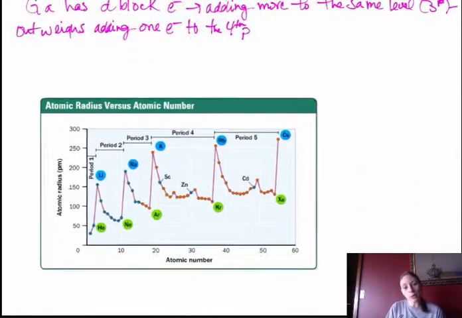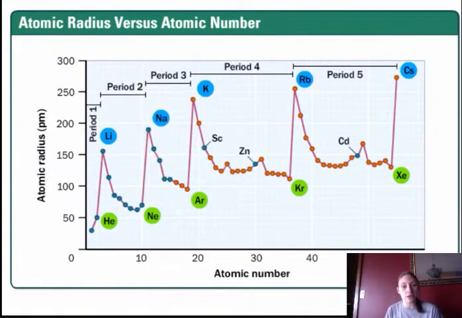This is just one more way to view the atomic radius trend. Notice how we have atomic number on the bottom and atomic radius on the y-axis. As we look across from lithium to neon, that's the second period, what happens to our radius? It goes downward because you are increasing atomic number, going left to right across the table, and the radius is decreasing. Again in period 3, left to right across the table, increasing atomic number, you're decreasing.